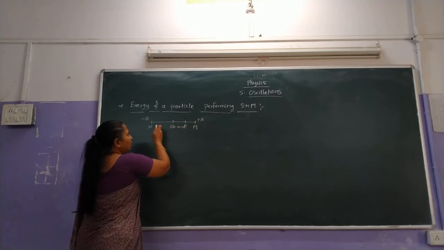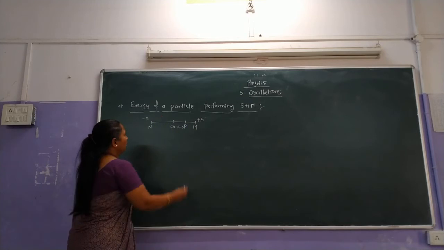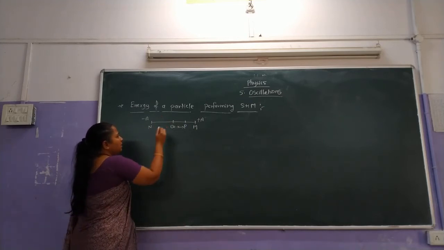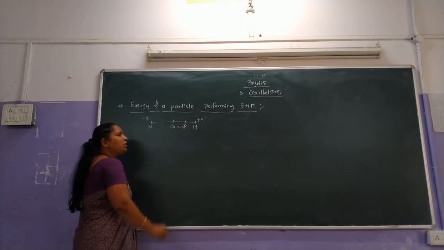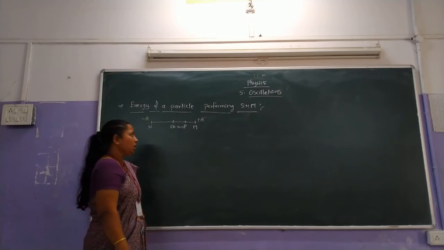When the particle travels from mean position to extreme position, it possesses kinetic energy and potential energy. Therefore, total energy is equal to kinetic energy plus potential energy.